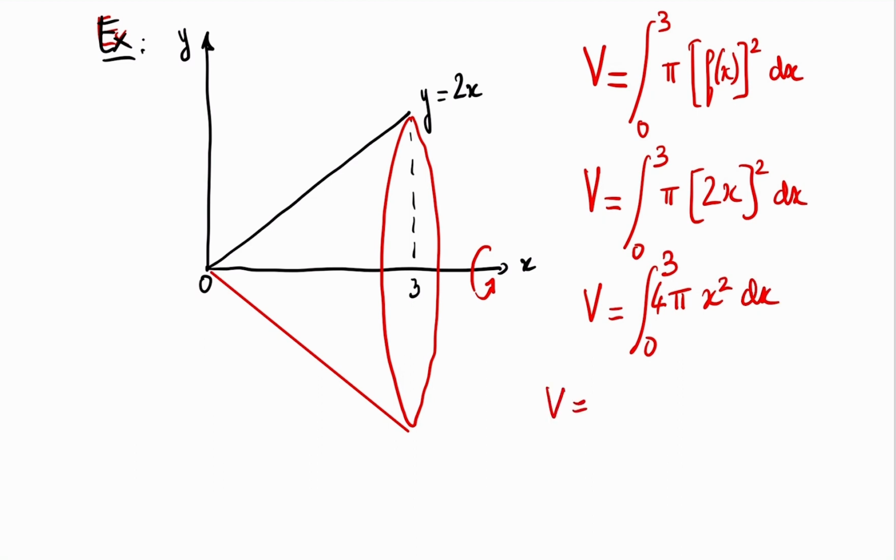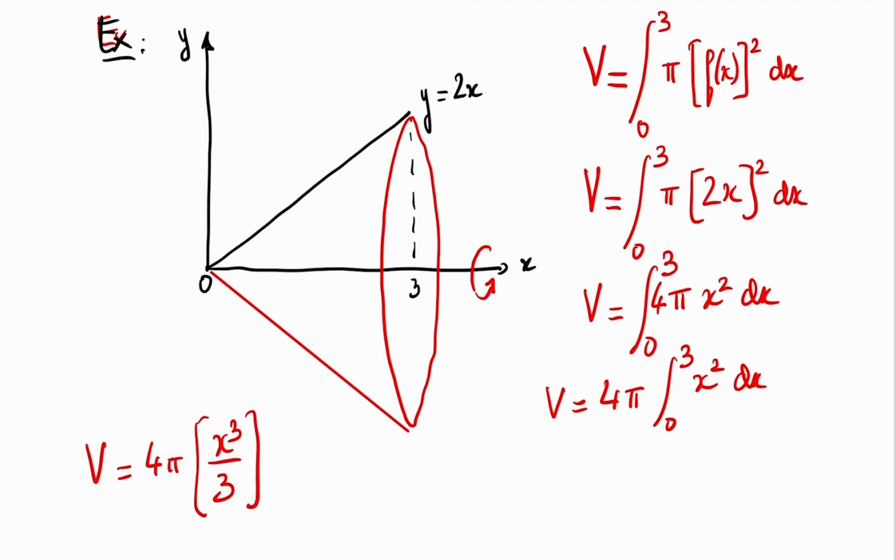So V is equal to, we can pull out the pi, 0 to 3 of x squared dx. And so V is equal to pi times x cubed over 3, which is a primitive of x squared, between 0 and 3.